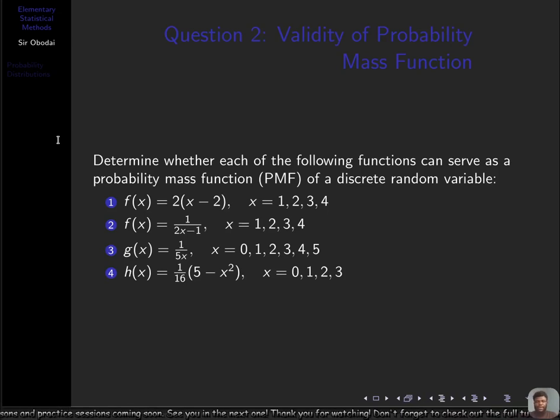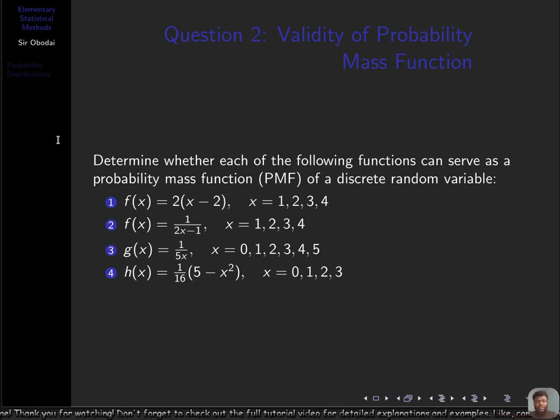The question is, determine whether each of the following functions can serve as a probability mass function of a discrete random variable. You have to remember the conditions for a function to serve as a probability mass function. The first is that when you evaluate the function at all the values of the random variable, you should get a number which is 0 or greater than 0.